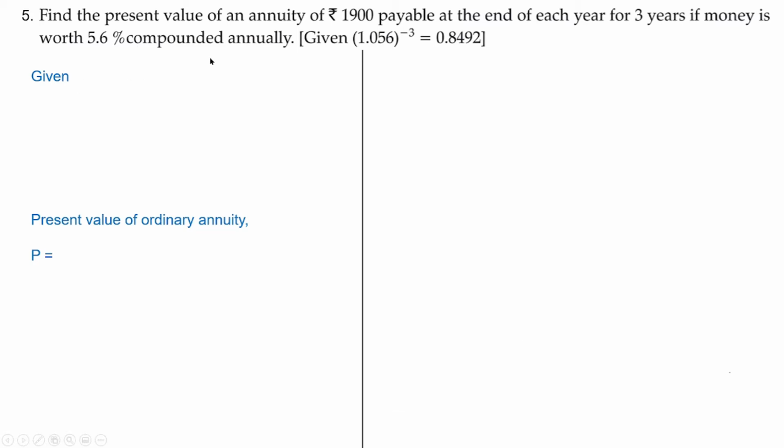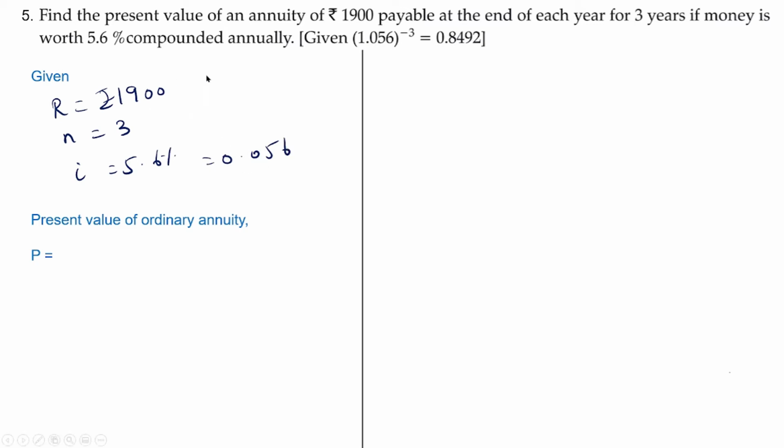Here first let us write what is given. We need to find the present value of annuity of rupees 1900. So R is rupees 1900. Here it is payable at the end of each year for 3 years. So N is 3. If money is worth 5.6% compounded annually, I is 5.6% or it is 0.056.